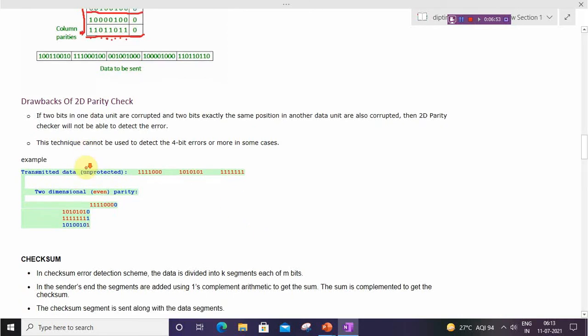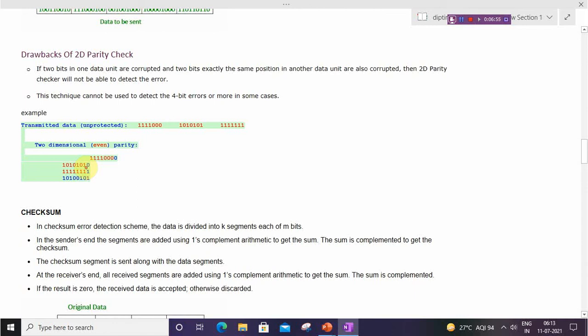Let us solve another example of 2D parity check. Here the data units are 1111, then 000, 10101001 and 71. So write them down in a tabular form, then calculate.